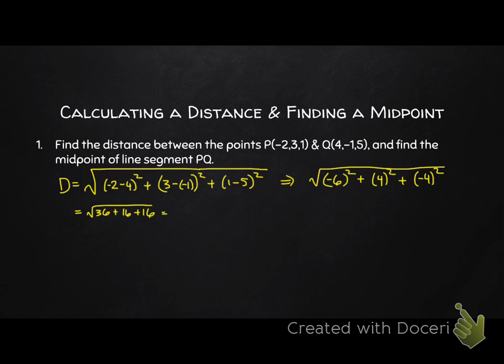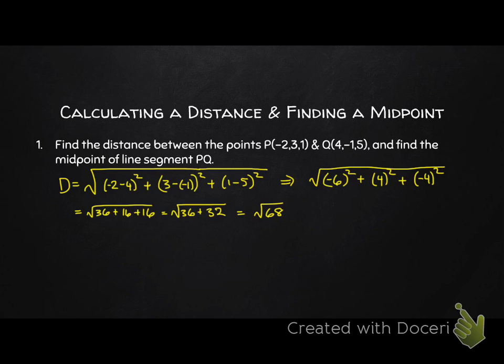16 plus 16 is 32, right? And then we have 36 plus 32, so 68.